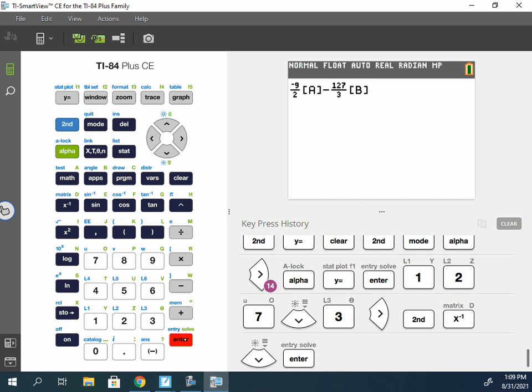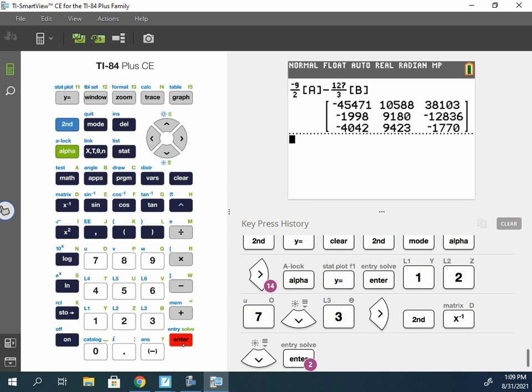Yes? Yep. And last but not least, we just have to hit enter, and it tells us this here is the answer. But we didn't have to calculate a single thing, did we? No, we just plugged it all in.